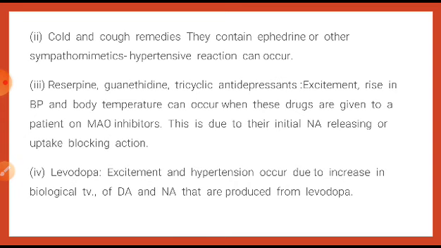Reserpine, guanethidine, tricyclic antidepressants: what is the interaction there? Excitement and rise in BP. If you add reserpine, guanethidine, or tricyclic antidepressants along with these drugs, excitement and rise in BP and body temperature can occur when these drugs are given to a patient on MAO inhibitors. This is due to their initial noradrenaline releasing or uptake blocking action.